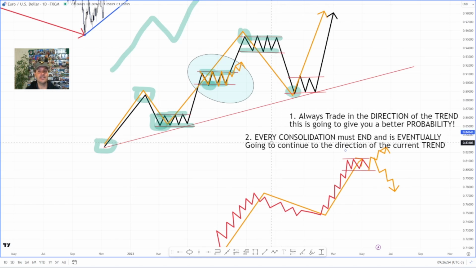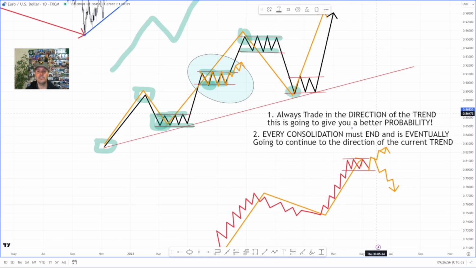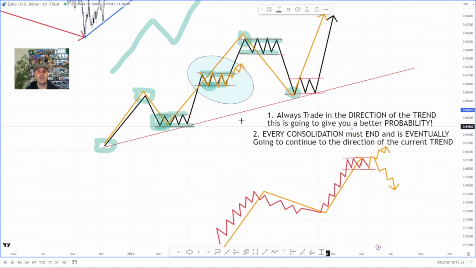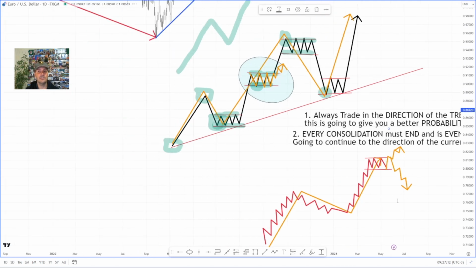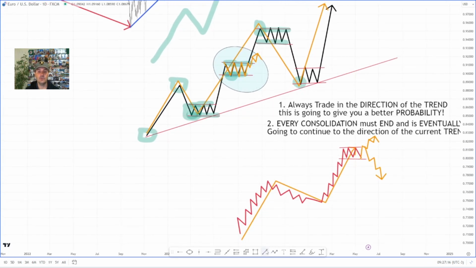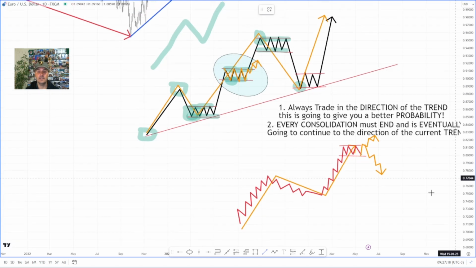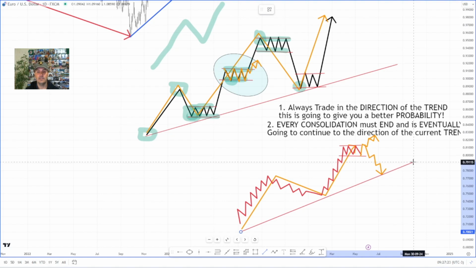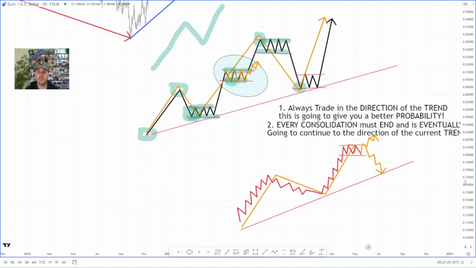It still stands: always trade in the direction of the trend, this is going to give you a better probability. Make sense? Now here the short-term trend went into consolidation. Up in here the short-term trend is the orange one, right? So this is one. You can also draw a trend line on the market wave, all right?